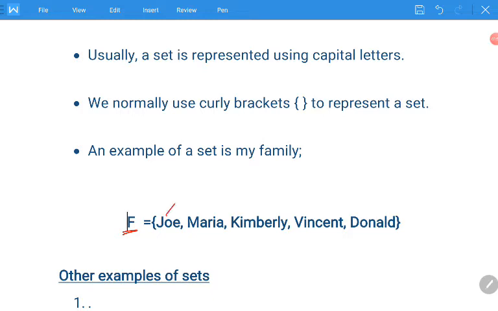So I have Joe. Let's say Joe is my father. Maria is my mother. My sister, Kimberly. Myself, Vincent, and my young brother, Donald. So this is a set. So you can consider your family to be a set.